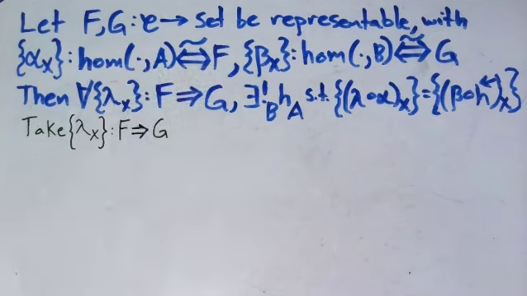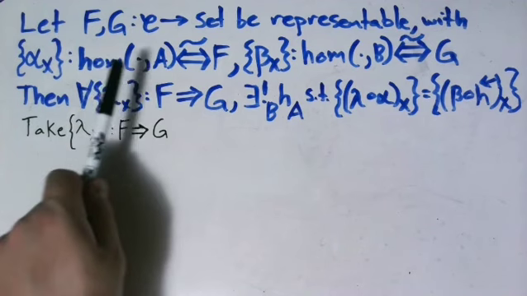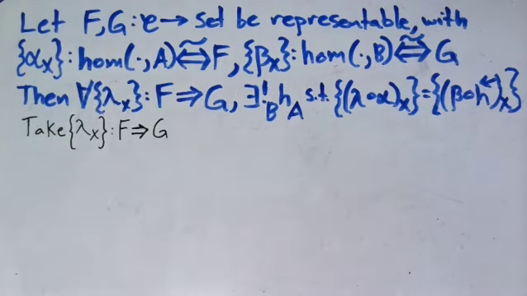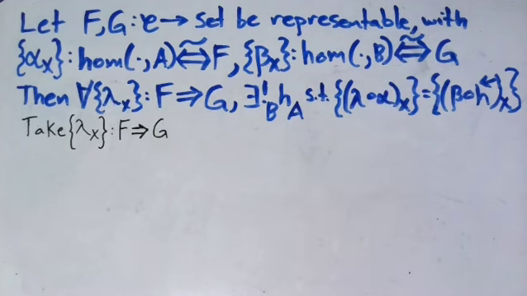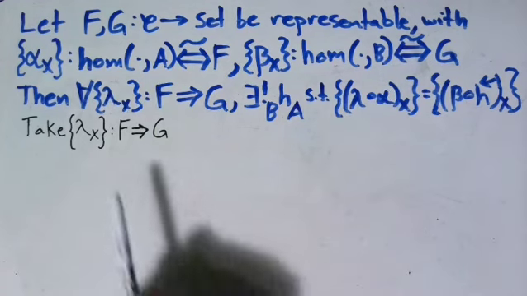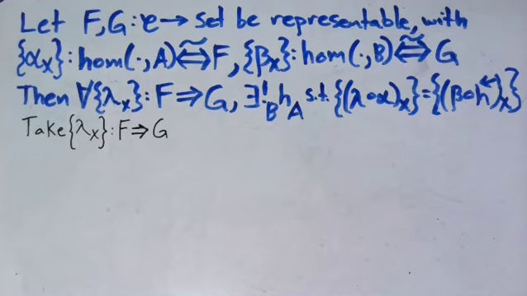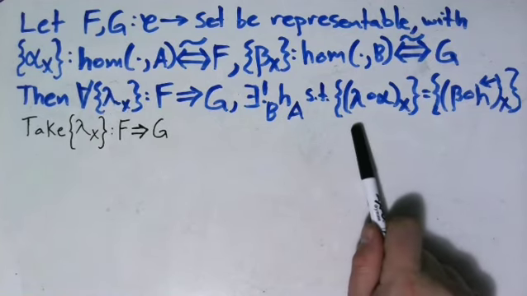So there's some object A in C such that alpha is a natural isomorphism going from home blank A into F, and there's some object B in C such that beta is the natural isomorphism going from home blank B into G. Then, for any lambda, which is a natural transformation from F to G, we can actually replace the composition of alpha and lambda.